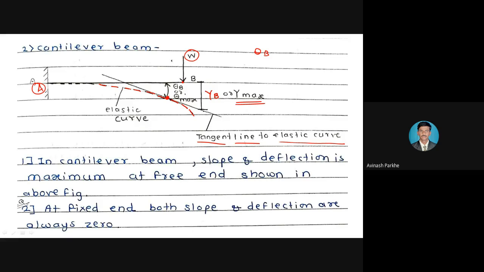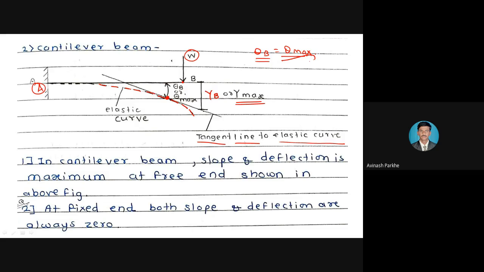Therefore, theta B is equal to theta max. In case of a cantilever beam, both slope and deflection are maximum at the free end, but both slope and deflection are zero at the fixed end. Please keep this statement in your mind.